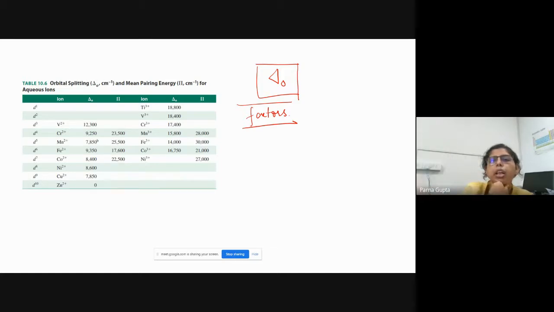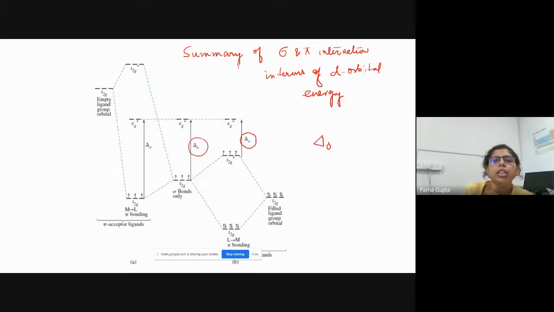If you have a particular metal, M1, M2, M3, depending on the sigma and pi interaction, we are telling that the del 0 changes, right? We have shown you that the del 0 changes.